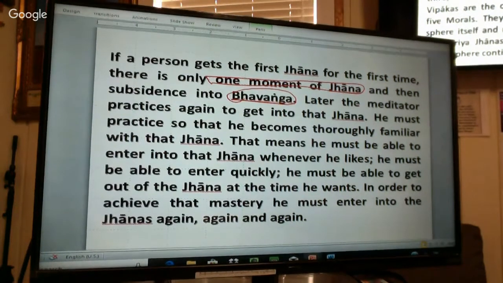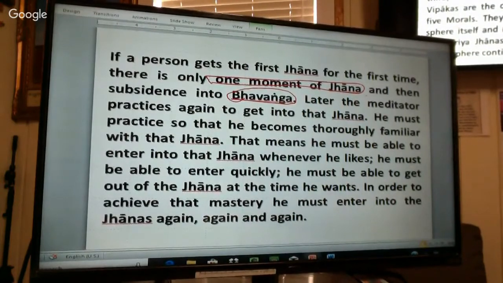So at that time, later when you want to practice meditation again to get into that jhana, a few minutes, and then the jhana arises again. At that time, the jhana arises many times, not only once. If you want it more quickly, you need to practice more.